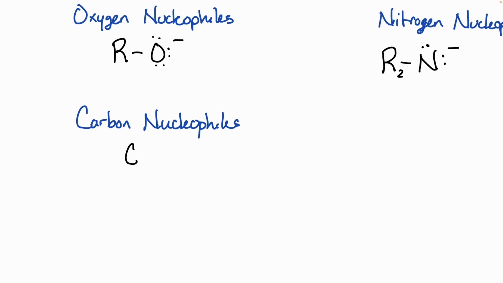One of which is the cyanide ion, carbon triple bonded to nitrogen. This is a particularly stable carbanion because the triple bonded nitrogen can help accept some of that electron density through resonance.